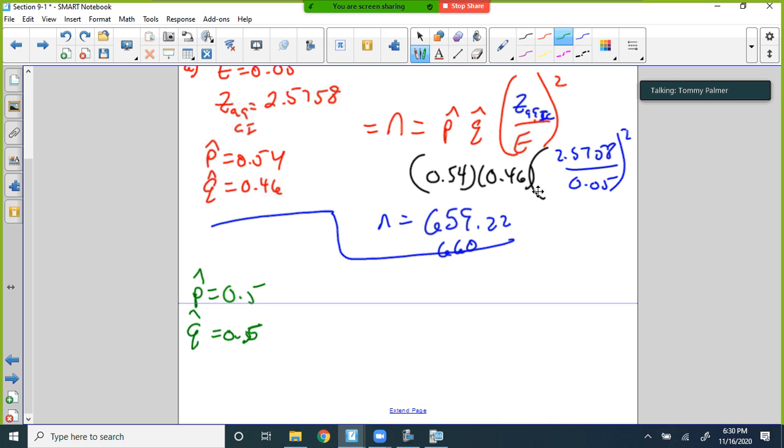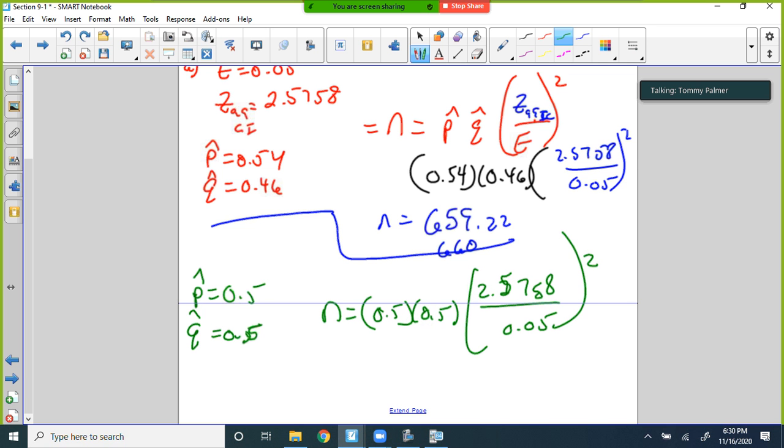And then we're still in our squared, right? So N would be 0.5 times 0.5 times the Z, 2.5758 over 0.05. All of that squared. And when you do this, you get, guess what? 663.47, which is what? 664.